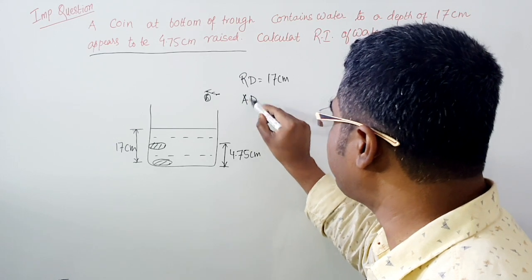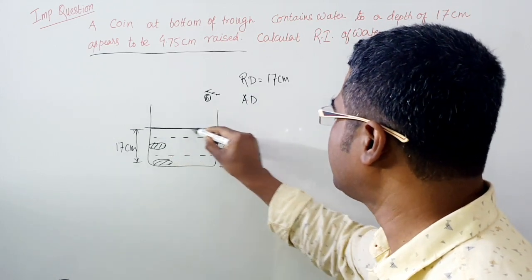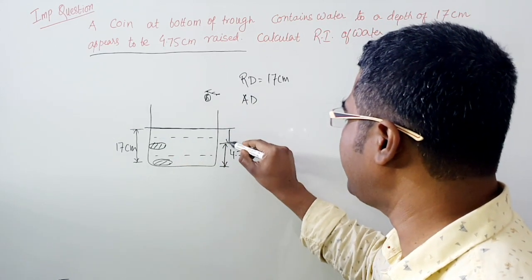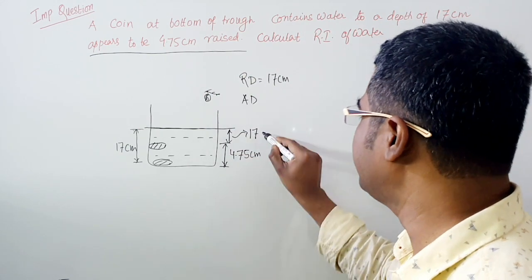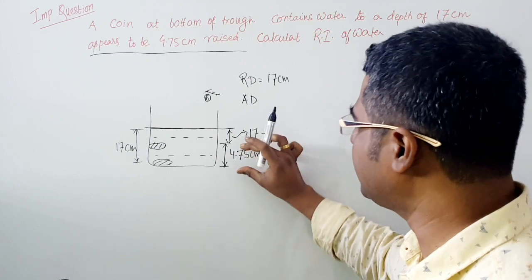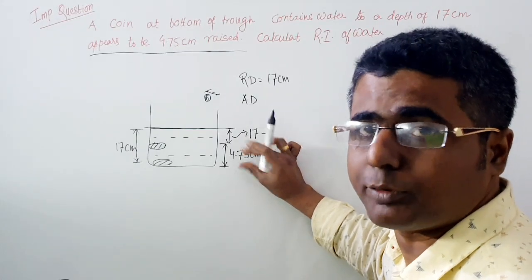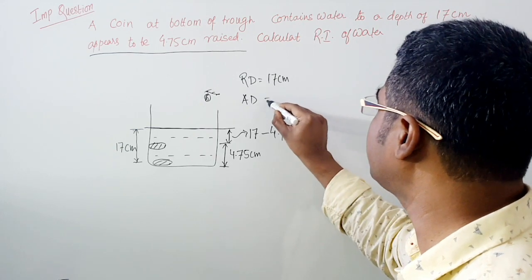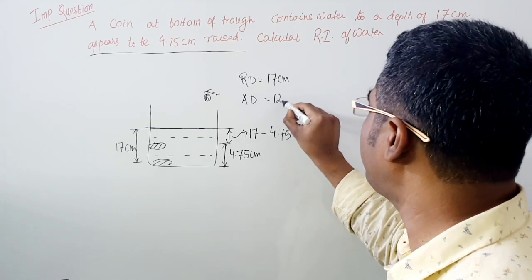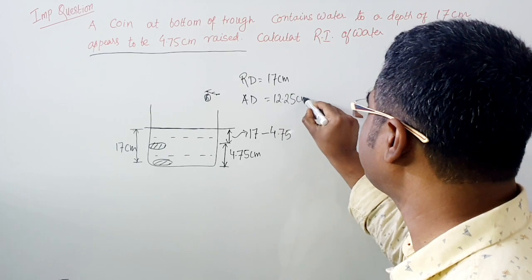See, depth is calculated from the top. So the apparent depth is the total depth 17 minus this portion, that is 4.75. So this will be 12.25 centimeter.